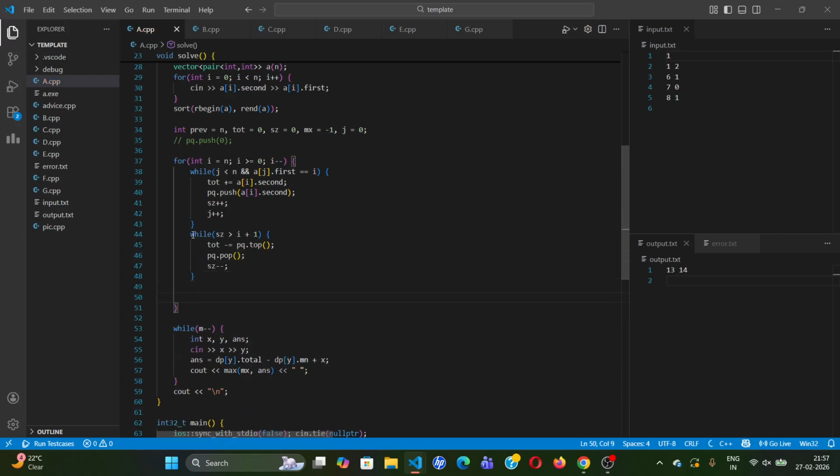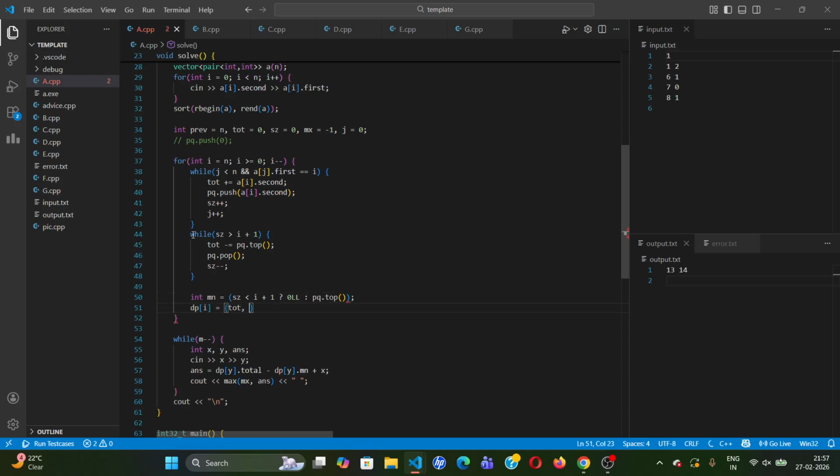You have to also consider the case where zero, otherwise pq.top. Now dp of i equals to total comma mn.